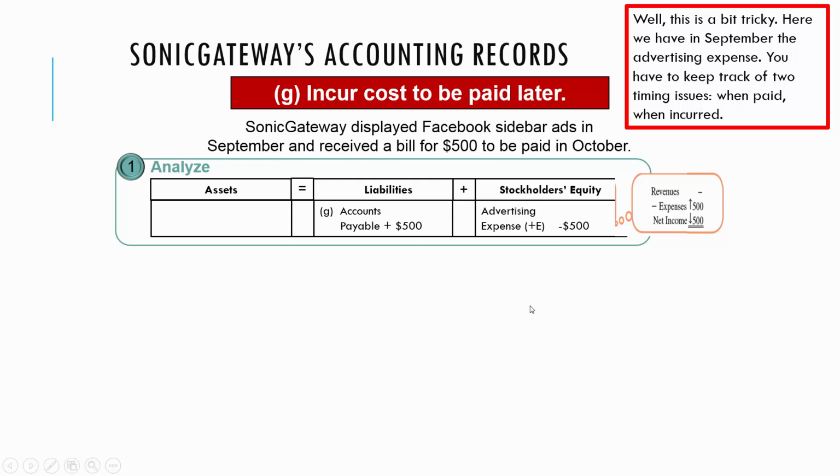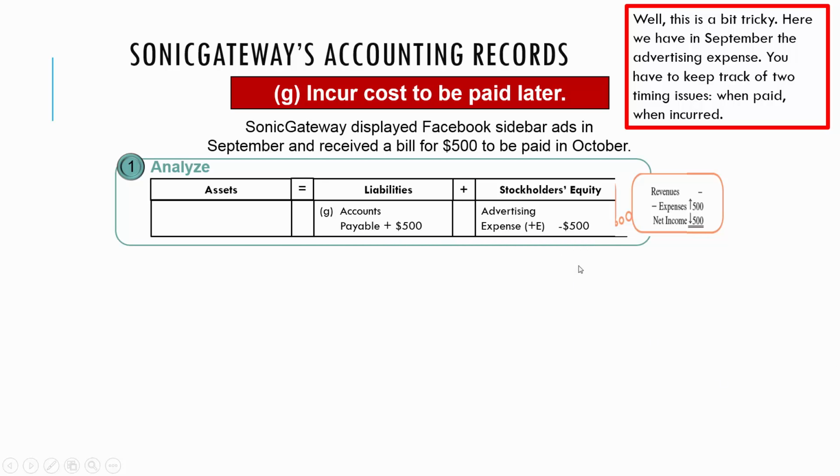We're not paying it now. However, since this is for September, and you can see it says displayed Facebook site ads in September, this is an ad which we placed, and it's for September's business. We want to make sure that it shows up in our income statement as September expense.